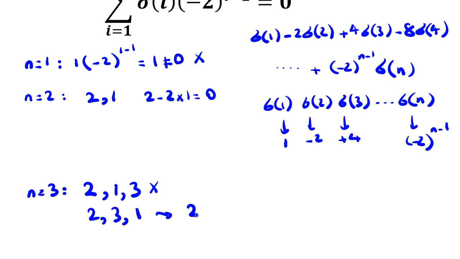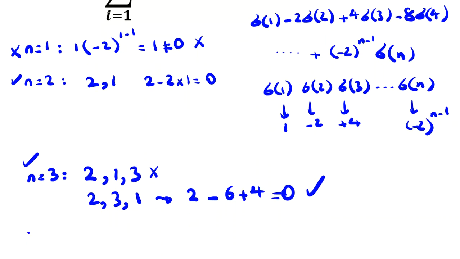But what about the other case? 2 minus 2 times 3 is minus 6, plus 4 times 1 is plus 4. 2 plus 4 minus 6 is 0. So n=3 is good, n=2 is good, n=1 is bad. Maybe we guess only n=1 is bad, or by n=4 we understand. If n=4 is also bad, we guess that 3k plus 1 are bad, because the repetition will be 3.